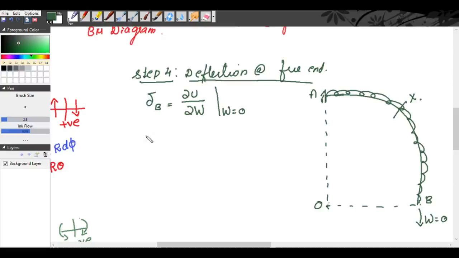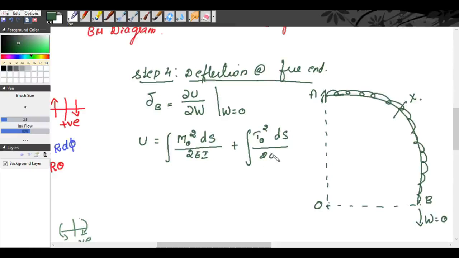We know the strain energy U is equal to integration of M theta square ds by 2EI plus integration of T theta square ds by 2GJ. M theta square can be written as M theta into dou M theta.